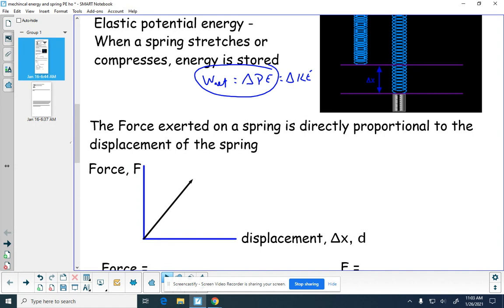The work exerted on the spring will be directly proportional to the displacement in the spring.